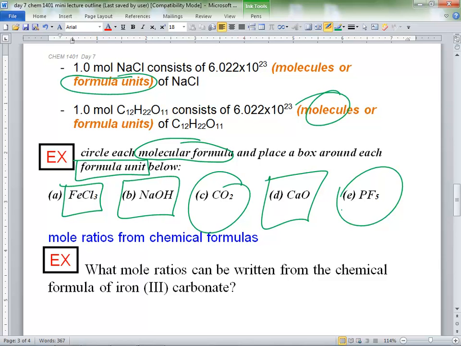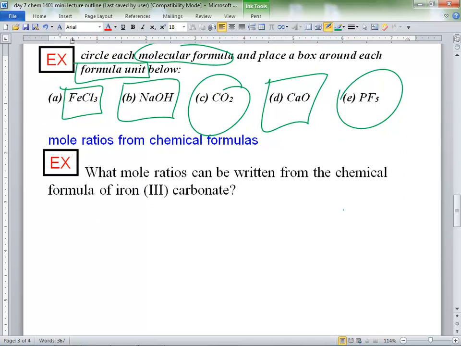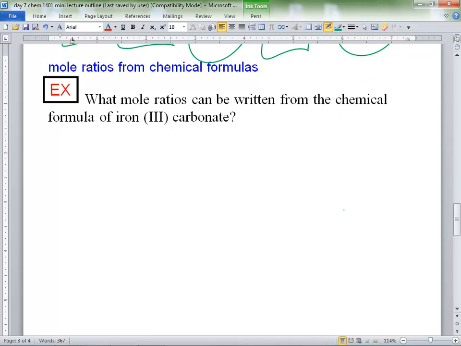Okay. One more idea before we jump into the questions. One more helpful idea. You can write a lot of mole ratios just by looking at the chemical formula. So let's try it. We have iron 3 carbonate. We need to know the molecular formula of it first before we can write ratios.